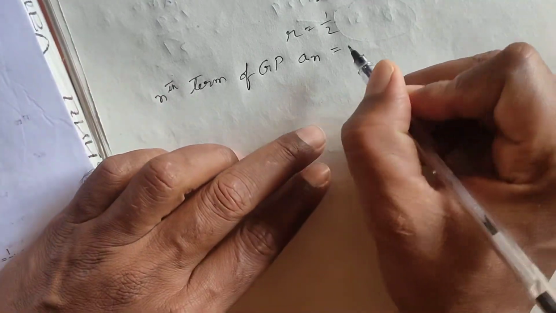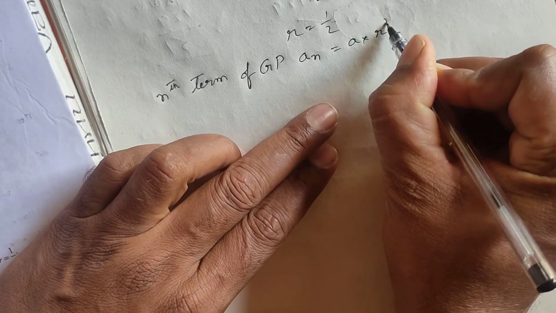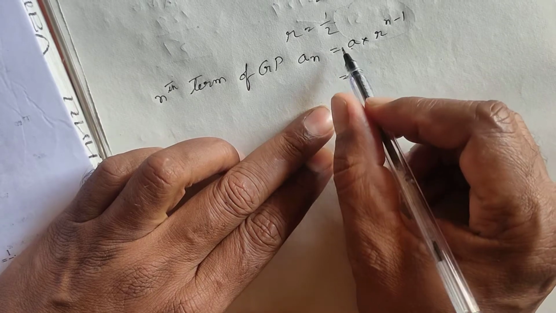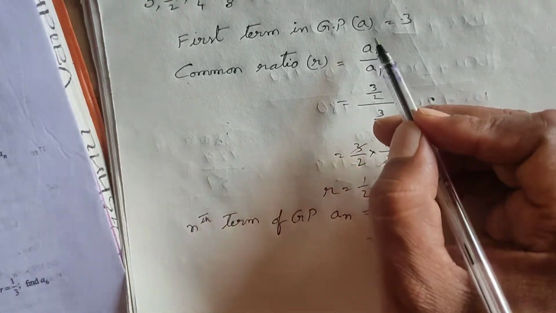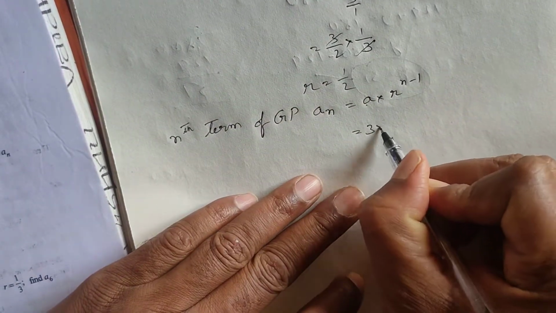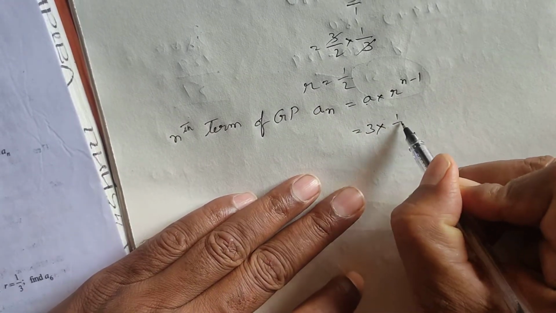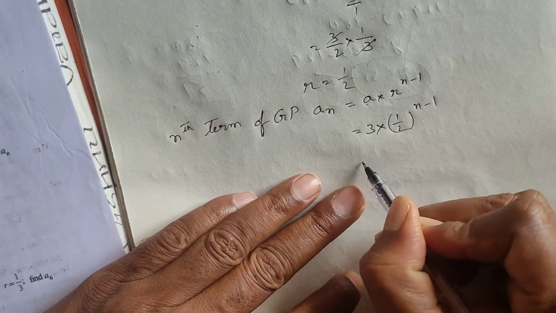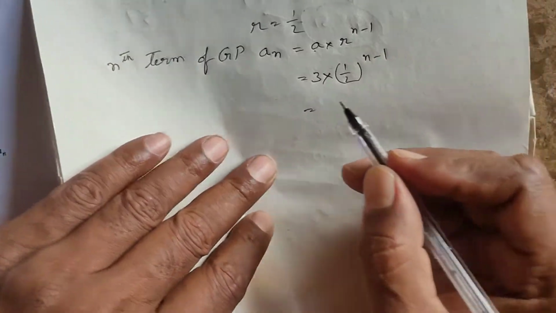So the formula for the nth term in the GP is a into r to the power of n minus 1. Now a should be replaced with what is given here: a is equal to 3, and r should be replaced with 1 by 2, whole to the power of n minus 1. n can't be replaced with any number because you have to find the nth term only.